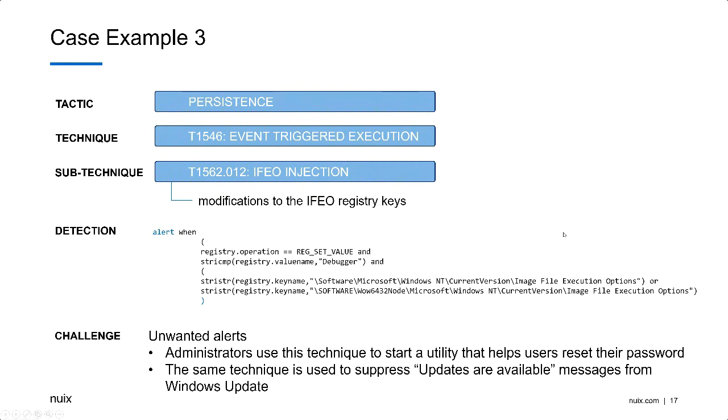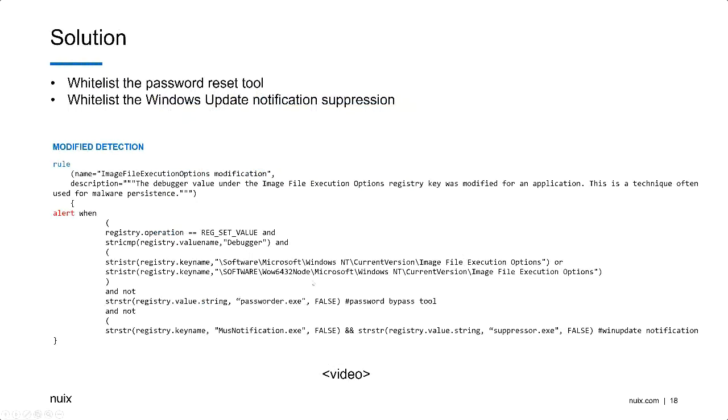So how do you maintain detection of this without being overwhelmed by false positives? And this detection logic, again, back to the purple box, back to the endpoint brain, says, okay, if it's passworder.exe that has been the value that's added to this registry key, then I'm going to allow that. So ignore that in that situation.